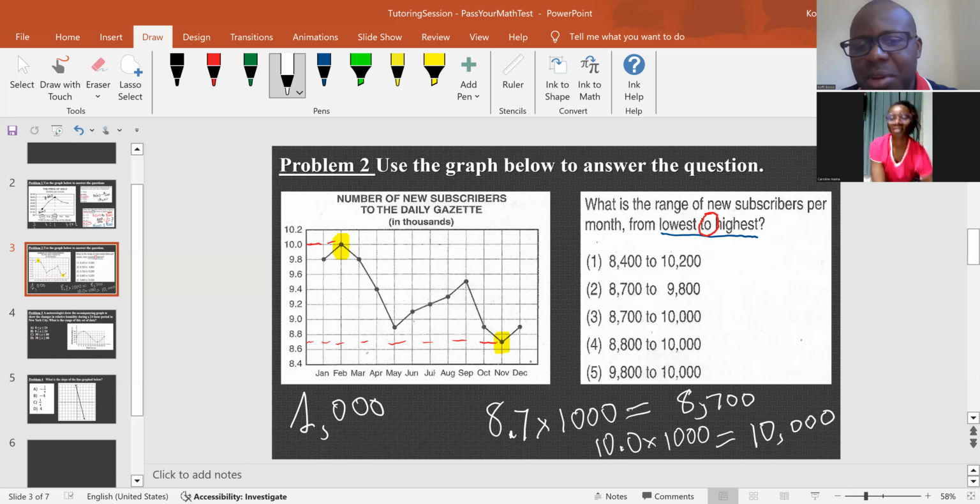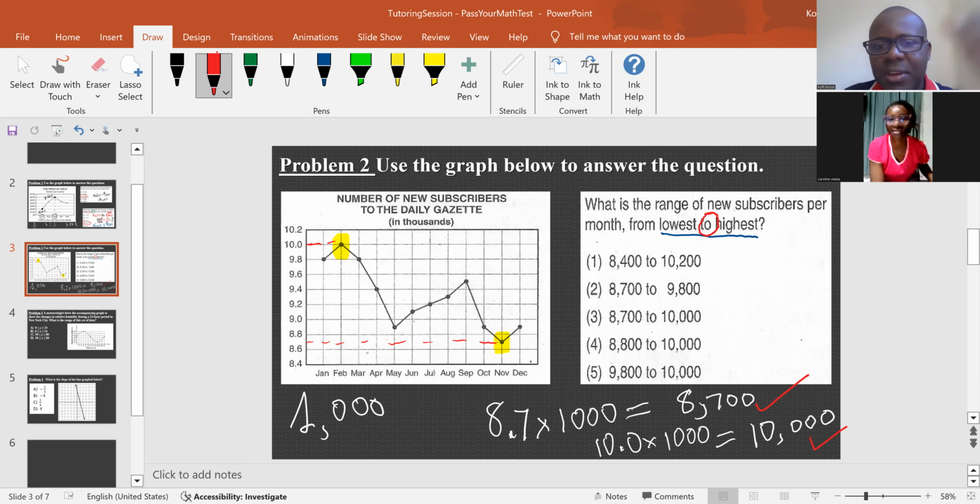Now, based on this calculation, can you tell me the correct choice we have here? So lowest to highest. Lowest here we said is 8,700. The highest is 10,000.